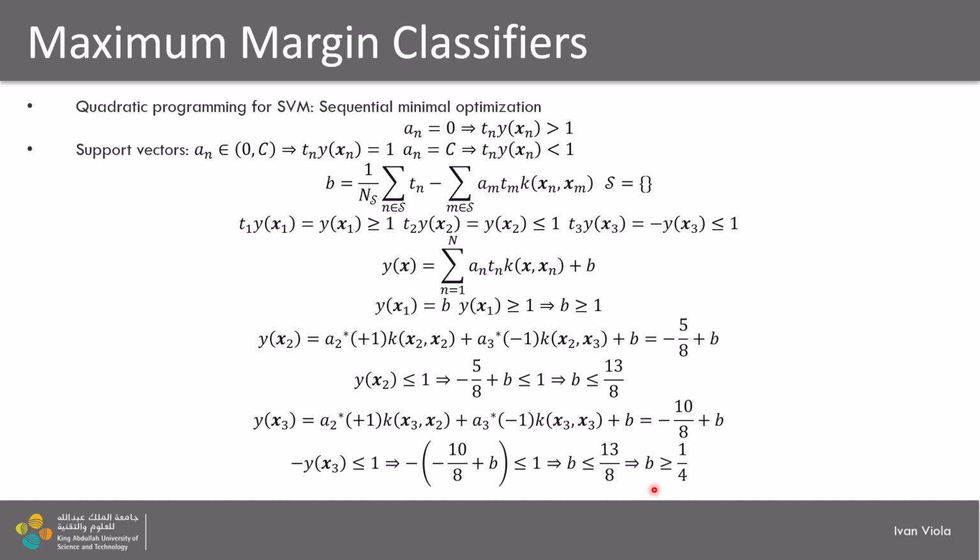That gives us the conditions: b needs to be bigger than 1/4, b needs to be smaller than 13/8, and b needs to be bigger than 1.